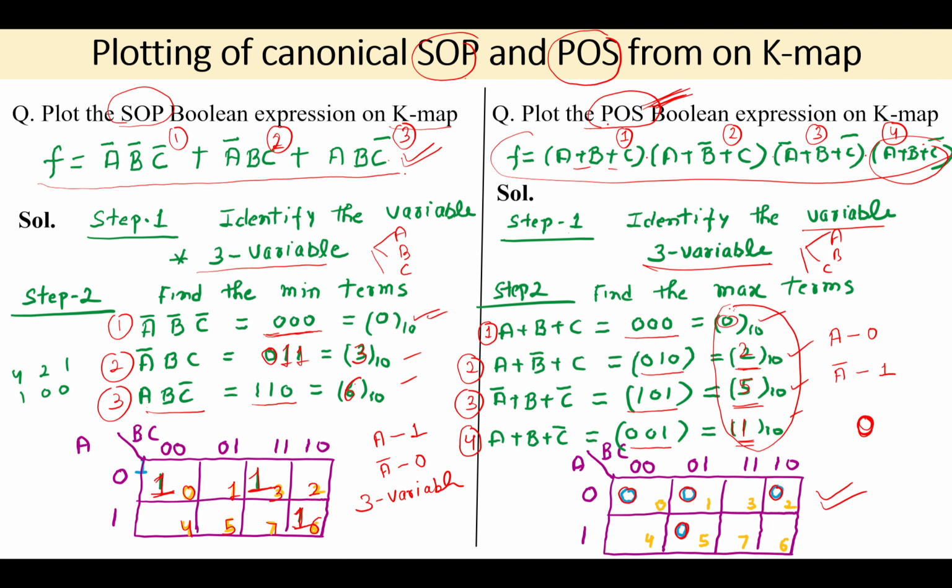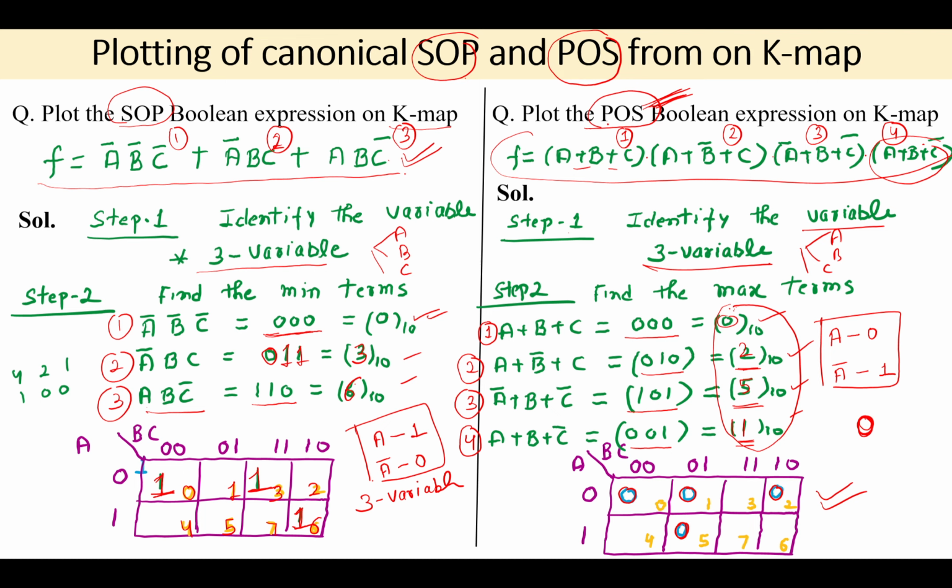All the min terms are represented by 1, but all the max terms are represented by 0 in a K-map. This is the main difference. And another difference: in the SOP expression, the A value represents 1, but in the POS expression the A value represents 0. So that is the difference between SOP representation and POS representation in the K-map.